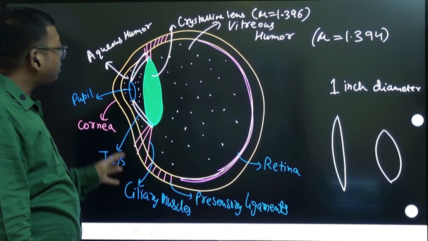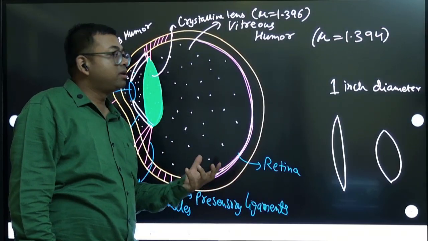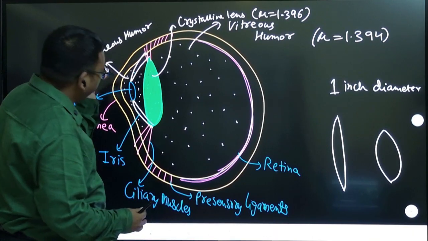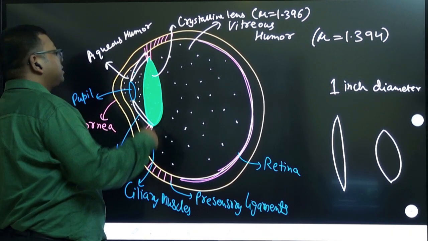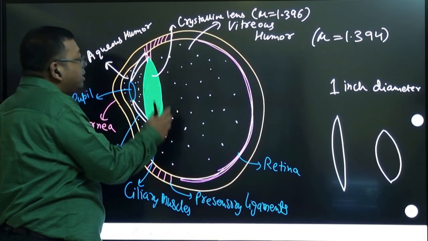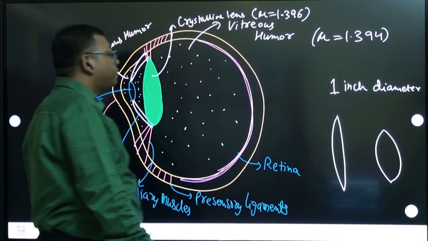Actually, a very advanced question can be formed on this. Assume the eye has a structure like this, a ray is coming, the ray will first refract at this spherical surface, then it goes in this medium, then it will refract through the lens, then again it will come and hit here, then the image will be formed, all that.